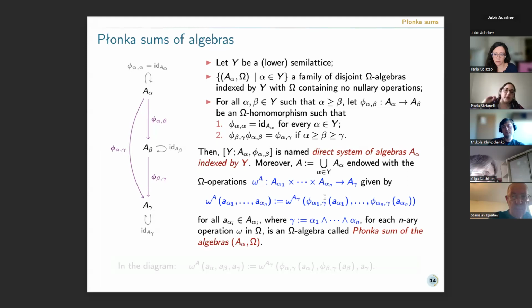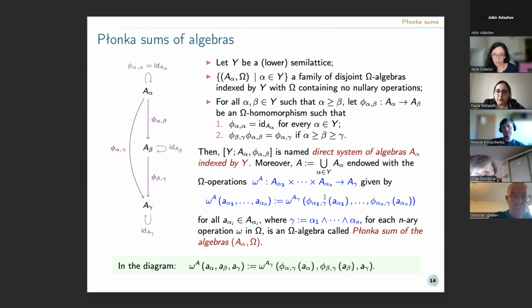We can project these elements into A gamma, where gamma is the minimum between alpha 1, alpha 2, ..., alpha n, and then we compute these images by using the n-ary operation on A gamma. This algebra is called Płonka sum of algebras A alpha omega.